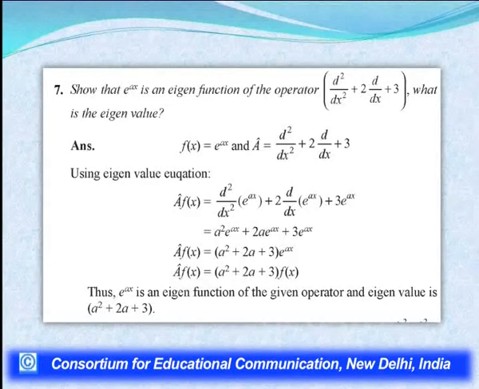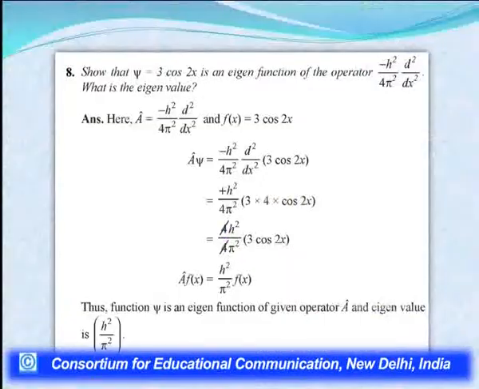If I take e to the power of ax as common, I have a square plus 2a plus 3, because e to the power of ax is our main function which is given in the numerical. So instead of e to the power of ax, I am writing f(x) back, and thus e to the power of ax is an eigenfunction of the given operator, and the eigenvalue is a square plus 2a plus 3.